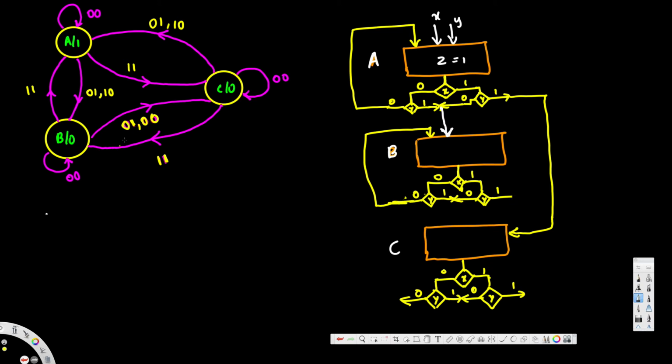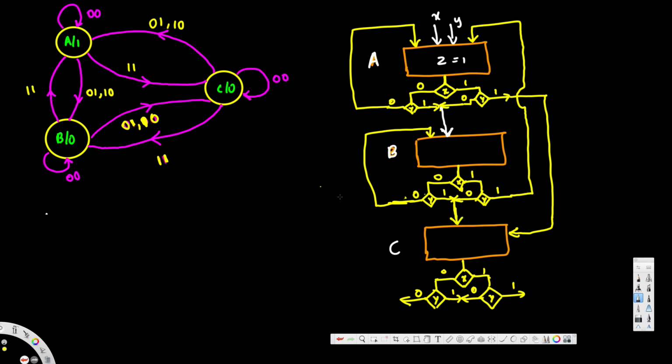And then if it's 1, 1, it goes to A. And then, 0, 1, this one should be 1, 0, because 0, 1, 1, 0 is the common case, that is this one, goes to C. And that's it for B.